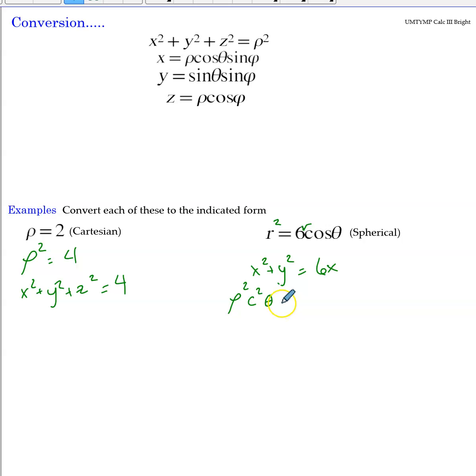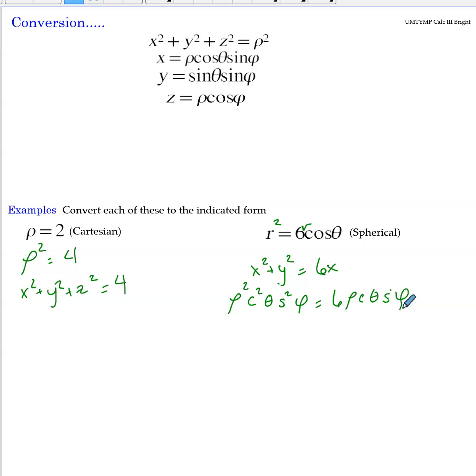And then this side is 6, and then we have rho cosine theta sine phi. I want to write it out.